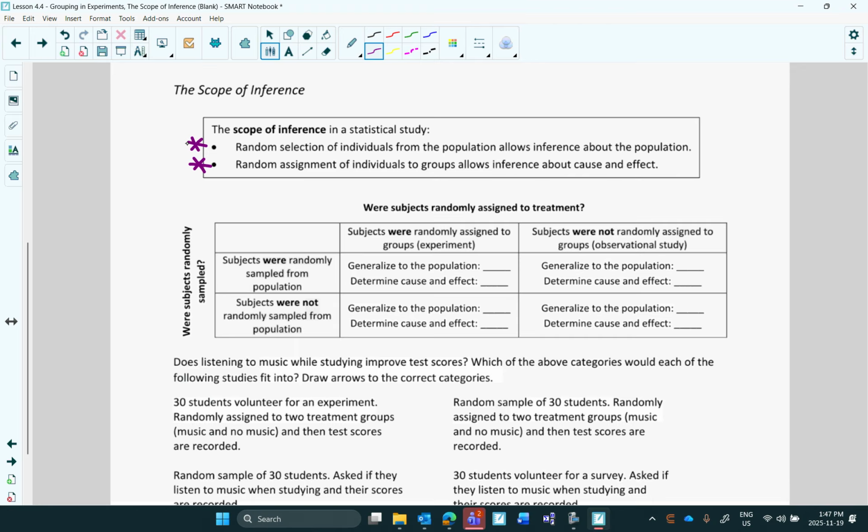So if they were randomly chosen from a population and then randomly assigned to groups, we can make a conclusion about cause and effect and apply it to the population that we sampled from.